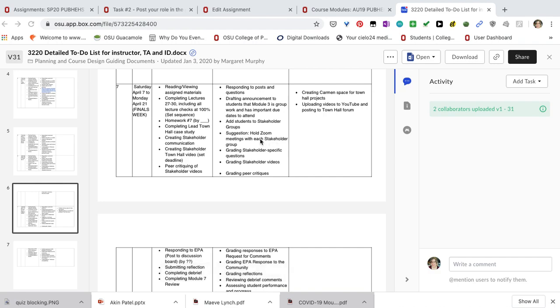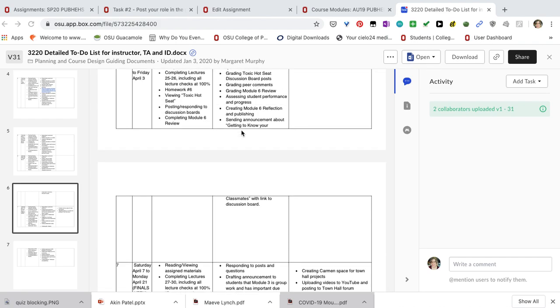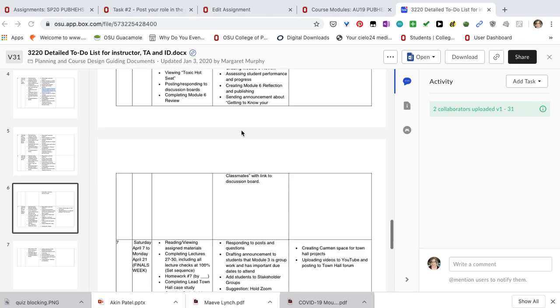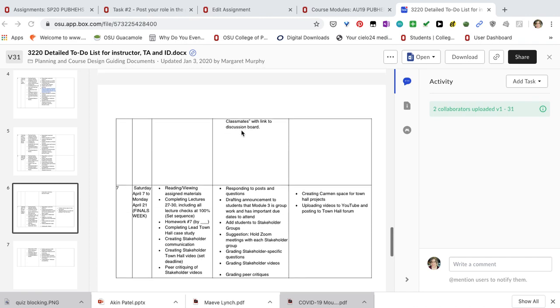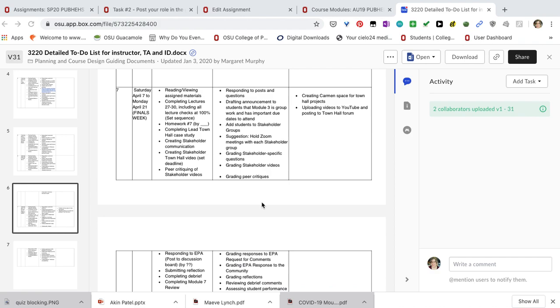Also, looking at the detailed step-by-step to-do list, I see that we did actually add students to stakeholder groups, but I didn't disable that one assignment, although I really think I made a video about this.